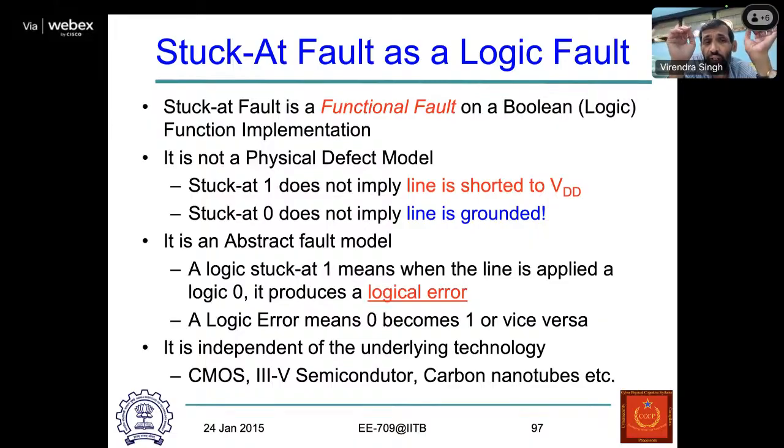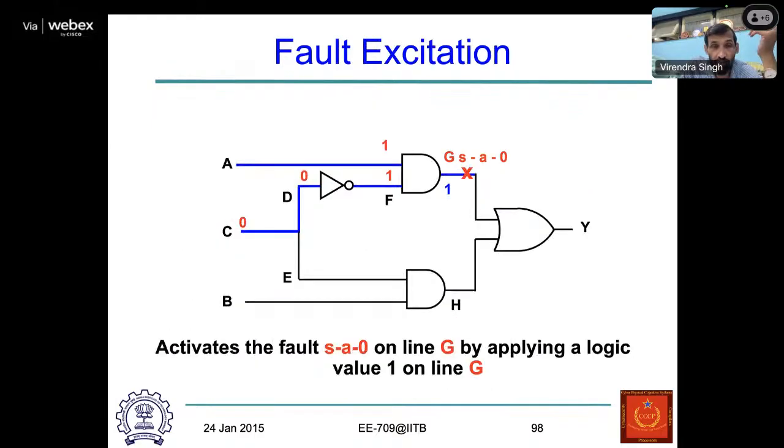That means stuck-at 1 does not imply the line is shorted to VDD, or stuck-at 0 does not imply that the line is shorted to the ground. This is at a higher level of abstraction. It is an abstract fault model. A logic stuck-at 1 means that when the line is applied a logic 0, it produces a logical error. A logical error means 0 becomes 1, or vice versa. It is independent of the underlying technology that we are using, whether it's CMOS or TTL or any other technology.